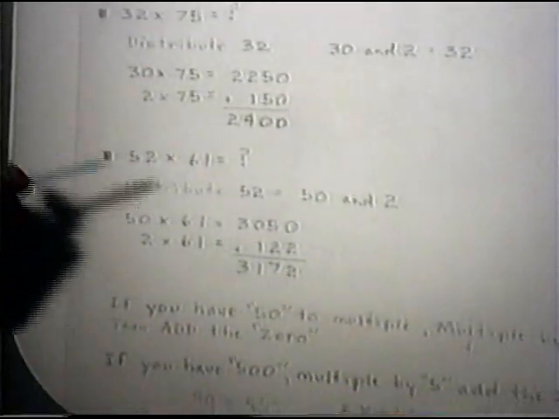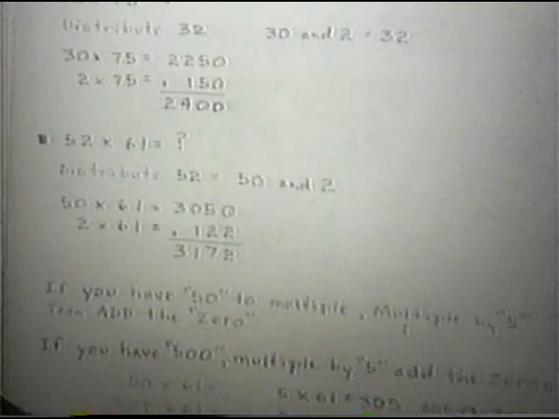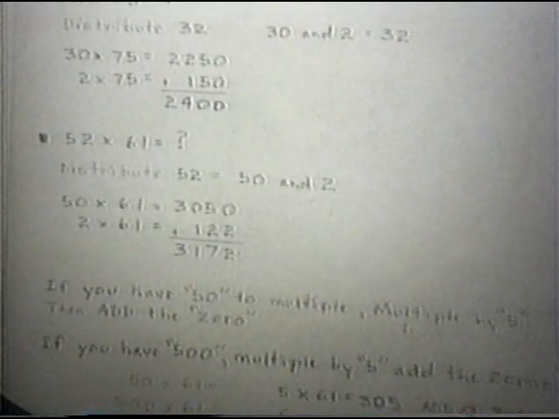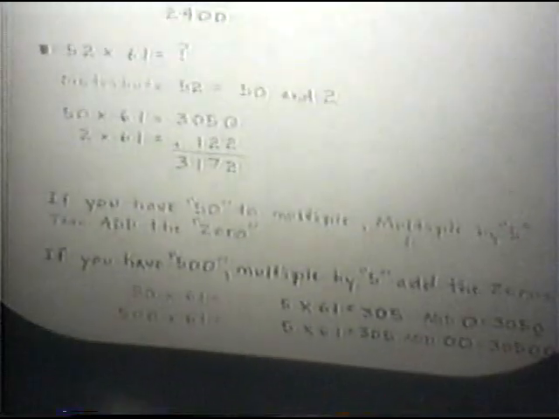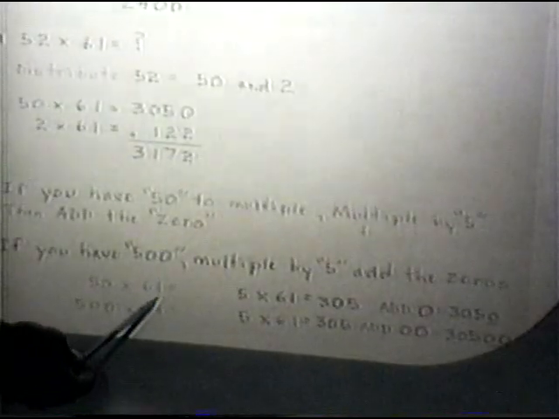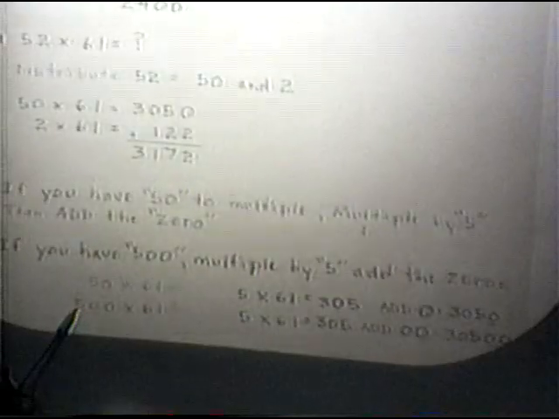If you have 50 to multiply, you multiply by 5 and then add the 0. That's the easy way to do it. We don't have to multiply the zeros, we just add them in. If you had 500, you would multiply 5 and add the zeros. 50, you multiply 5 times 61, add 1 zero. 500 times 61, you multiply 5 times 61 and add the 2 zeros.